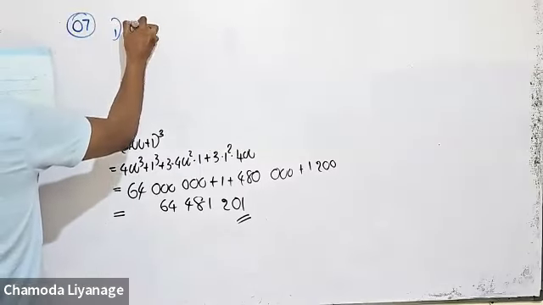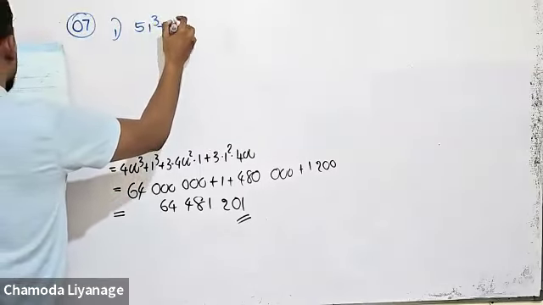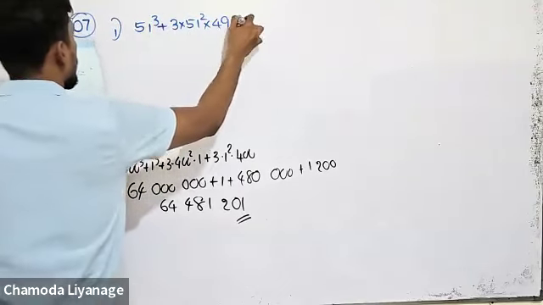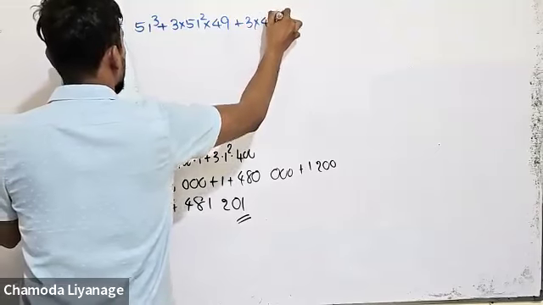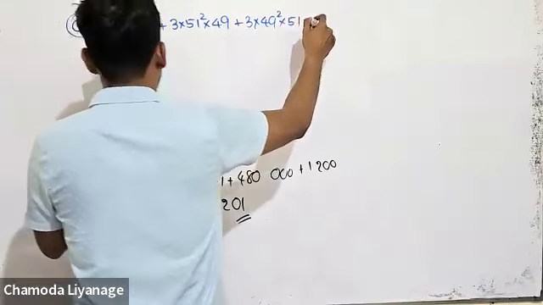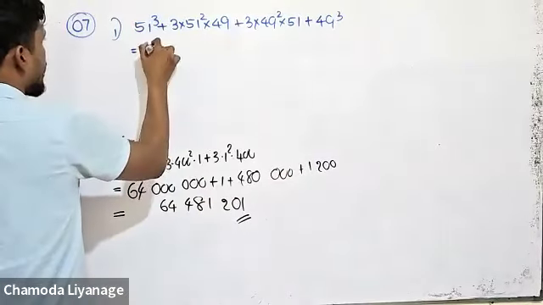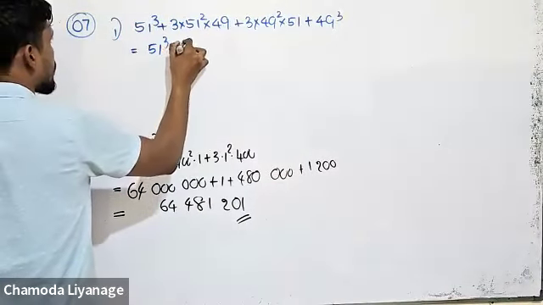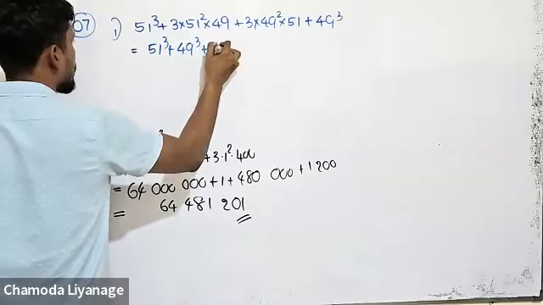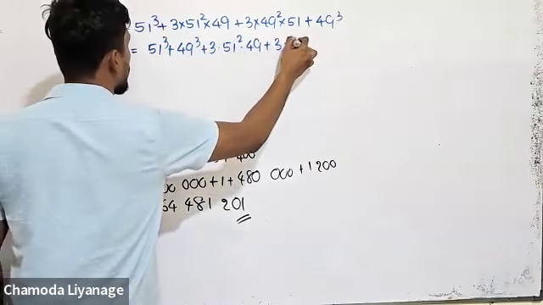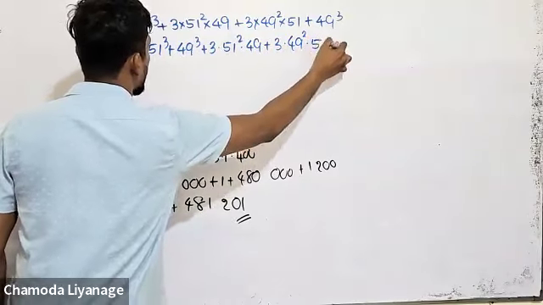First one: 51 cube plus 3 times 51 squared into 49 plus 3 times 49 squared into 51 plus 49 cube. So I will rearrange this: 51 cube plus 49 cube plus 3 times 51 squared into 49 plus 3 times 49 squared into 51.